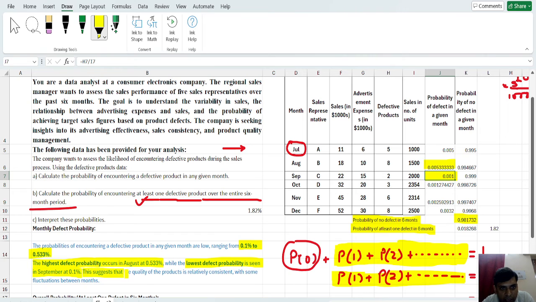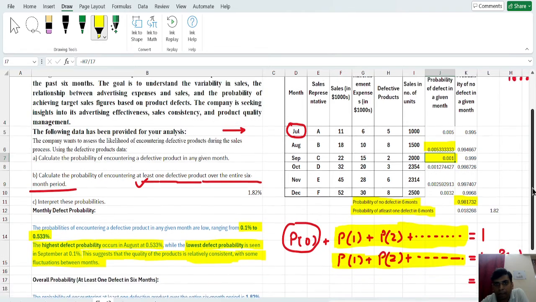This suggests the quality of product is relatively consistent with some fluctuation between the data, because there is no big difference in 0.1 or 0.53 with respect to 100%. So we can say the product quality is overall relatively consistent with fluctuation in between the months.